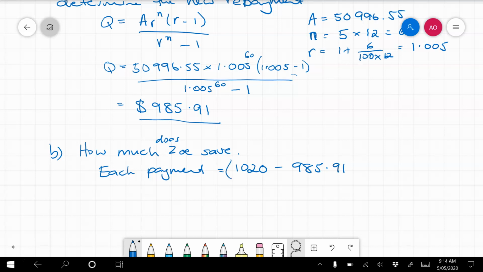Whatever that difference is, she's going to save that amount in each of the next 60 payments, since she has 60 repayments left. If you put that into your calculator, you come out with $2,045 in total savings over the next 5 years. So we would save $2,045 with that change in interest rate.